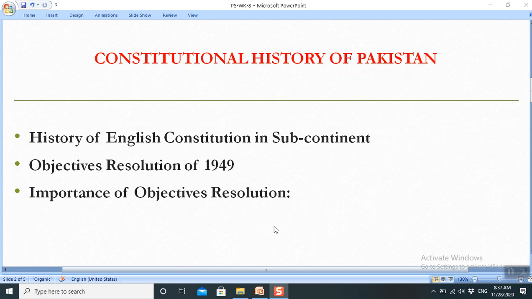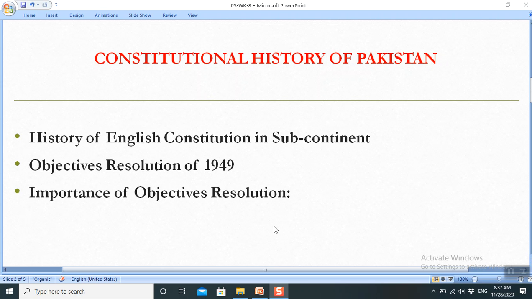And later on the British decided to give a very precise share to the local people of the subcontinent, and they introduced the India Act 1935, and later on the India Act 1947 was introduced, and this act, the India Act 1947, was primarily the act of partition.